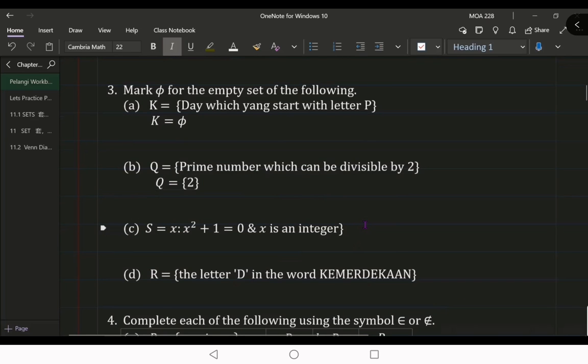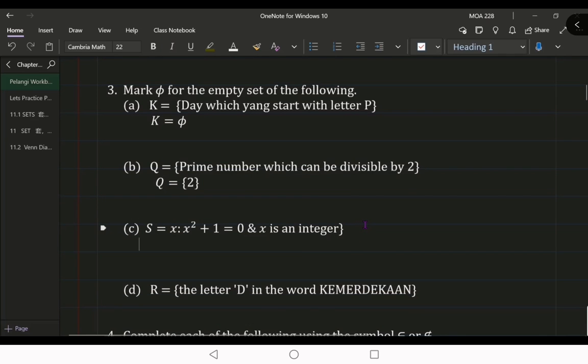How about the S? Okay, S is the set of x such that x squared plus 1 is equal to 0, x is an integer.